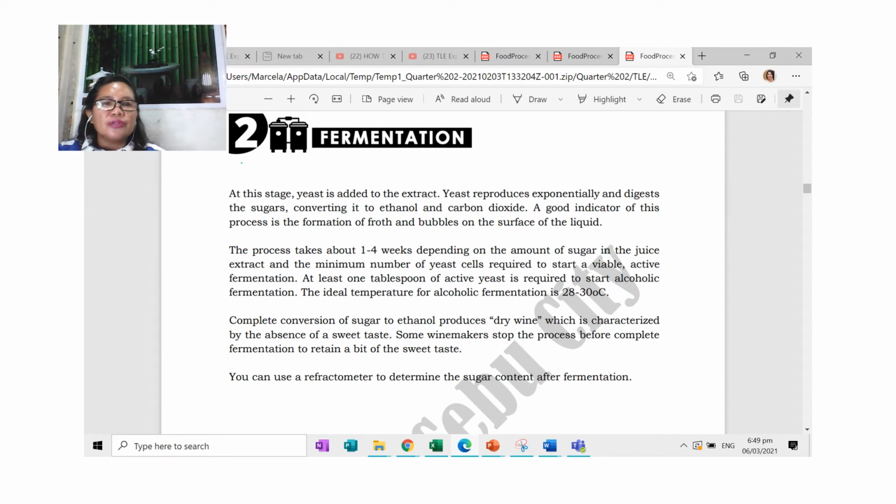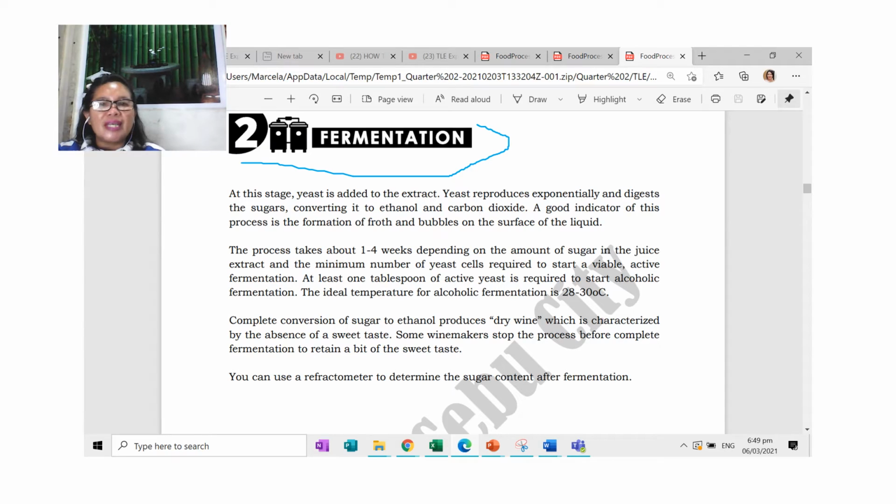Number 2, we are now in the fermentation. At this stage, yeast is added to the extract. Once na nakagi-extract na juice, ada nimo og yeast. Yeast reproduce exponentially and digest the sugar, converting it into ethanol and carbon dioxide.